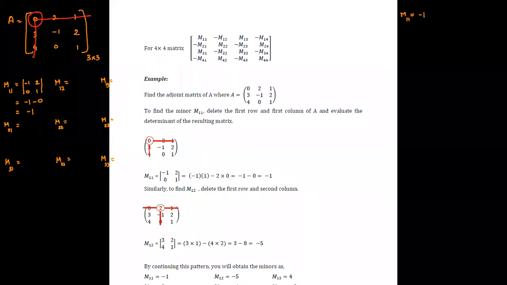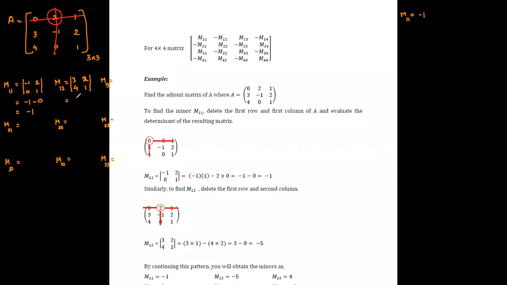Then what we can do now is go for obtaining M12. First row, second column element. Here we have to cut down the first row and the second column. Once you cut down the first row and second column, the remaining elements are written in the modulus notation to take the determinant: 3 and 2, 4 and 1.